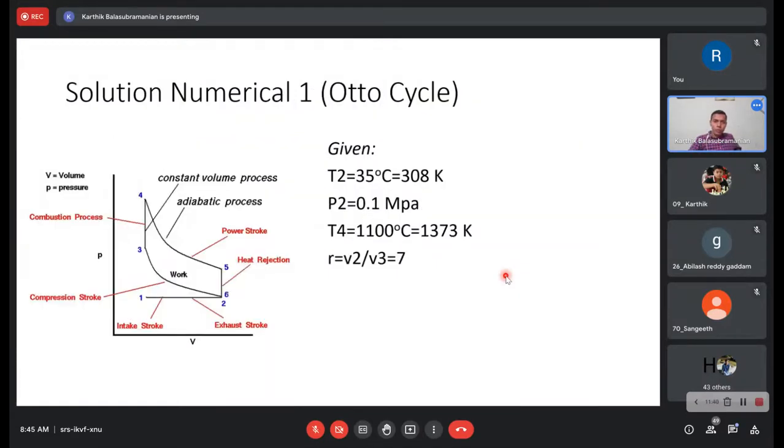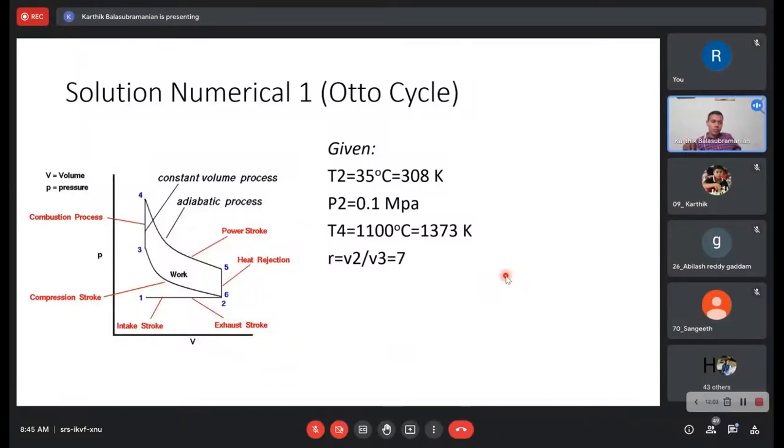Let's say this is how the whole thing looks. 1 to 2 is suction, 2 to 3 is compression, 3 to 4 is constant volume heat addition, 4 to 5 is the power stroke, or adiabatic or isentropic expansion.